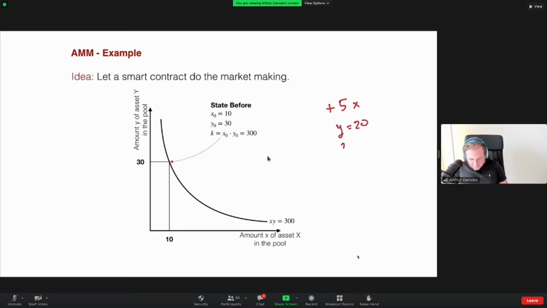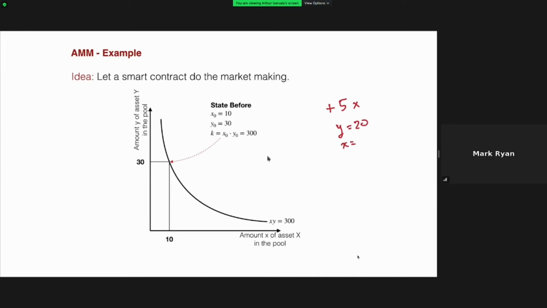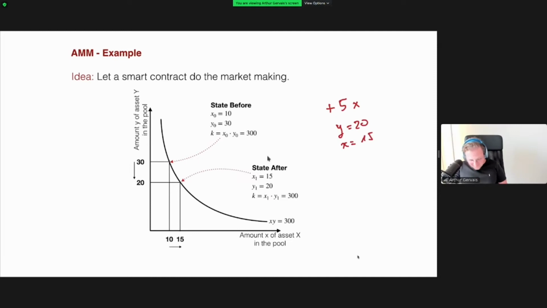Okay, and X? That's the easier one, actually. 15. Exactly, very good. So in this case, we provided 5x to the pool, and in return we removed 10y from the pool, because we always have to abide by this constant K being 300 in this particular case.